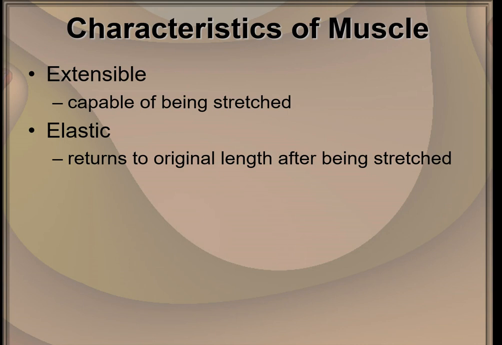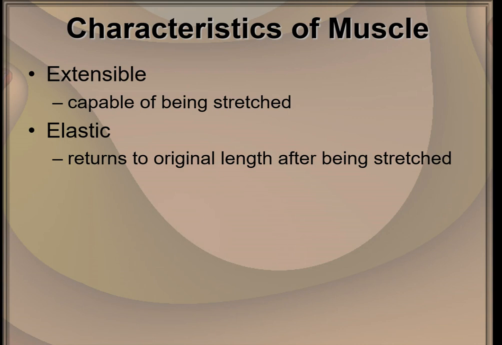And there'll always be a few of you that'll get these confused. You'll say a characteristic of muscle is that it's elastic, it can be stretched. Now, elastic means it can recoil back to its original length after being stretched. The stretch is the extensibility.